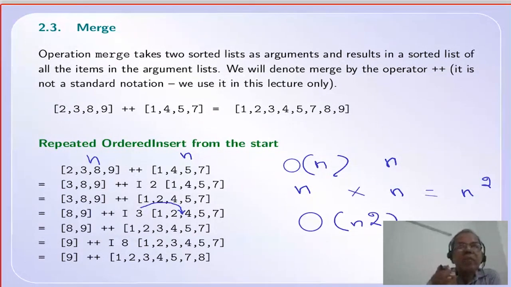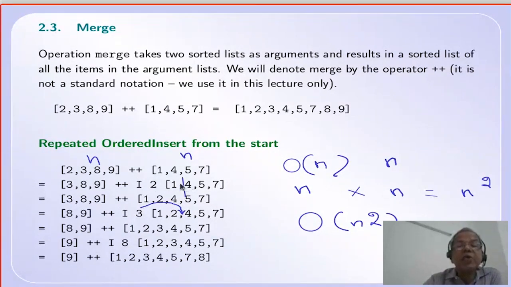Can you think of a better, more efficient method? For example, after you have inserted 1 into 1, 4, 5, 7 here, you have to insert 3. In order to insert 3, you don't need to start all the way from 1.